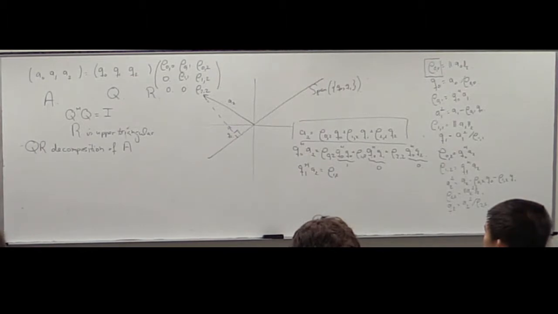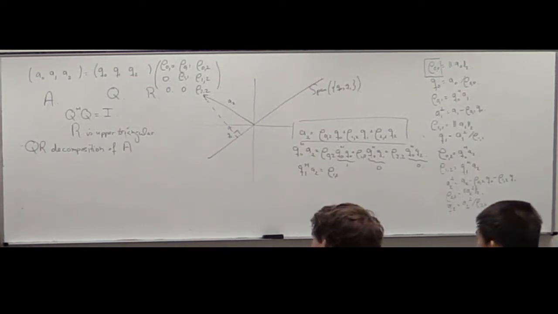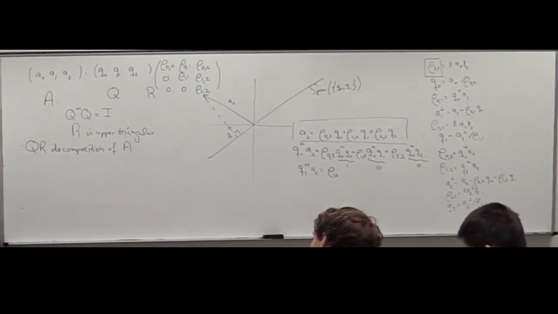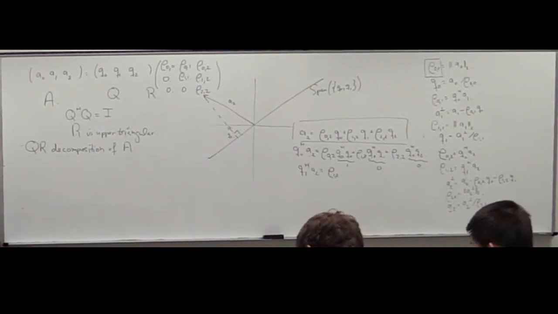Very, very important thing. What we're going to see in the next lecture is that QR decomposition, the singular value decomposition, can both be used to solve the linear least squares problem, which is yet another really important problem in linear algebra. Okay? Any questions about this?